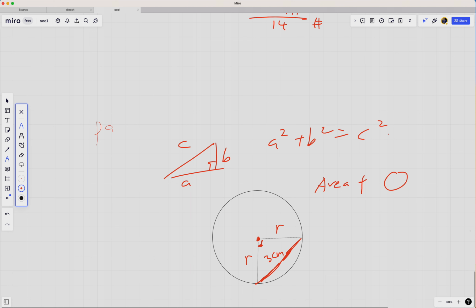You can use calculator by the way. So what's the answer?